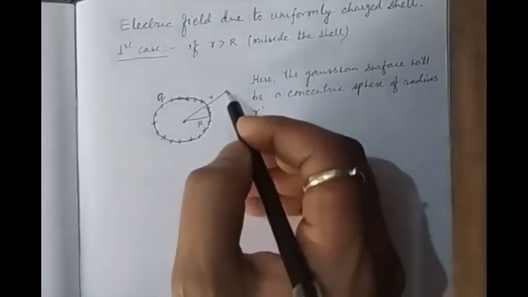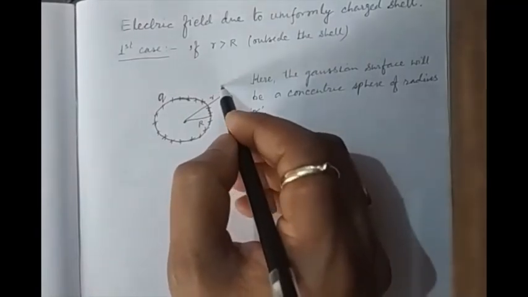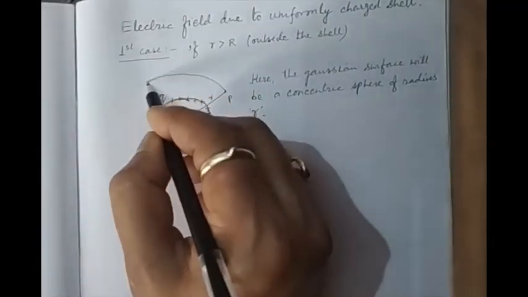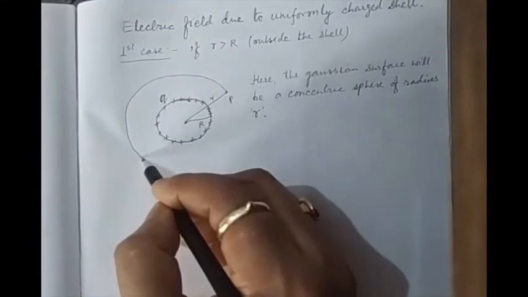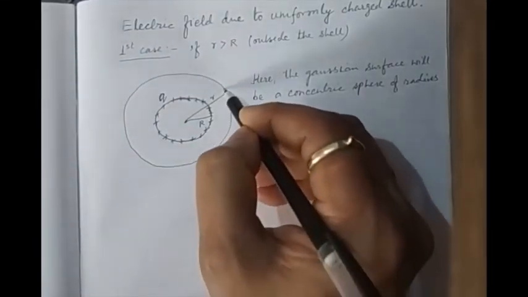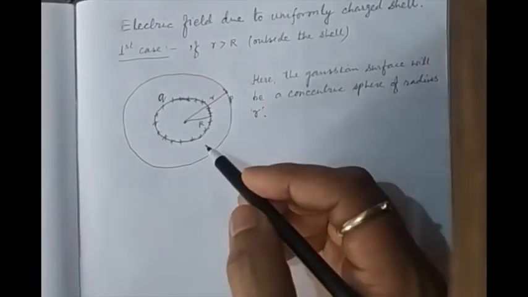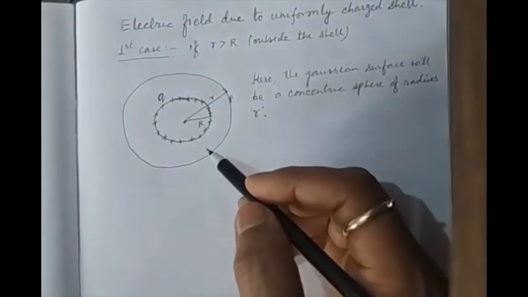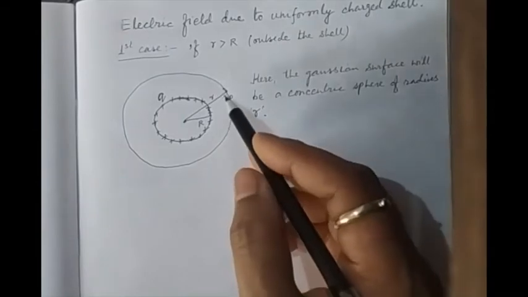So we draw a concentric sphere of radius r, and this is the Gaussian surface. Gauss's law is applied on this surface.